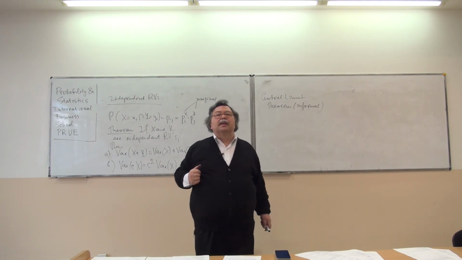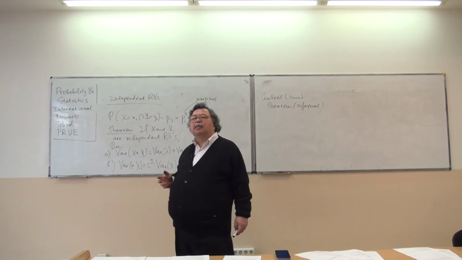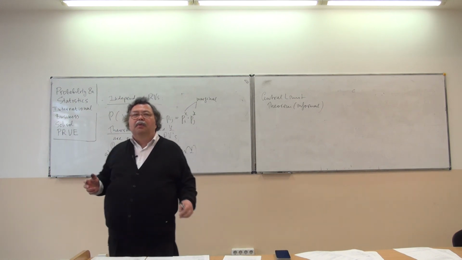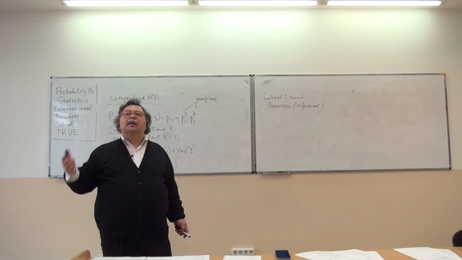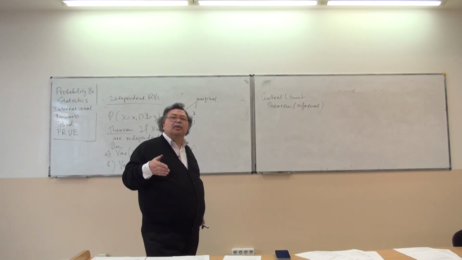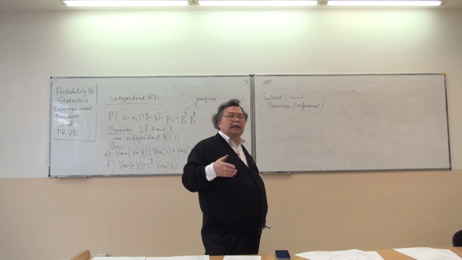Okay, so the sum of a great number of Bernoulli trials forms a normal distribution. This is how the history of the normal distribution started.